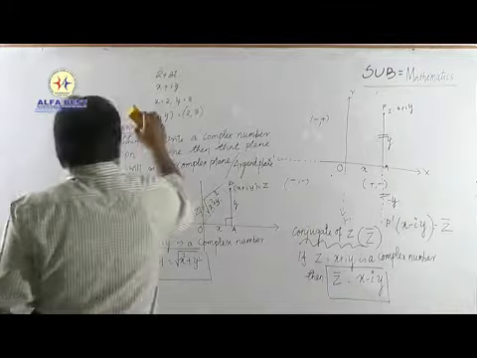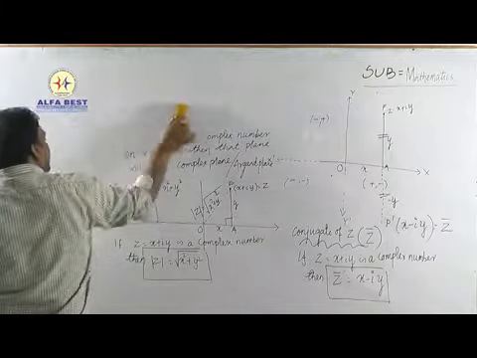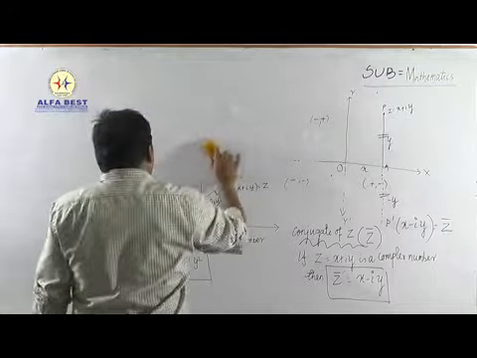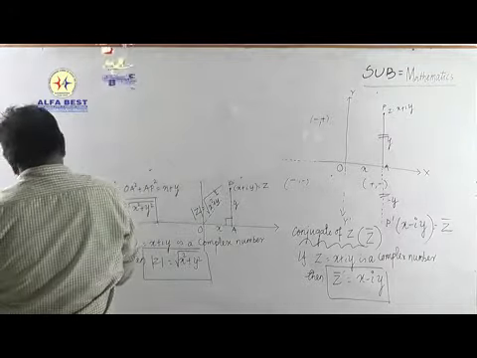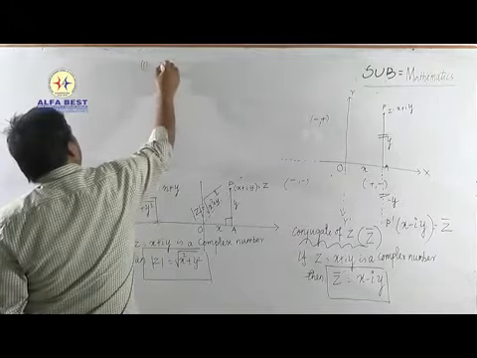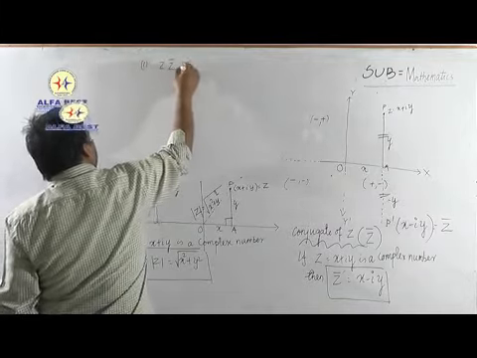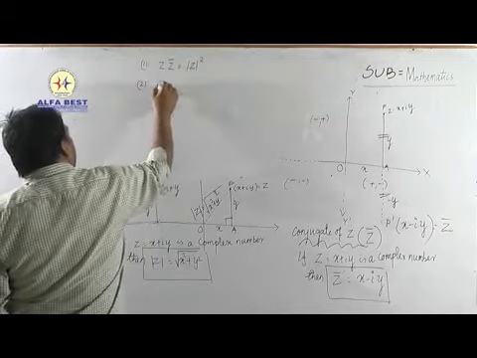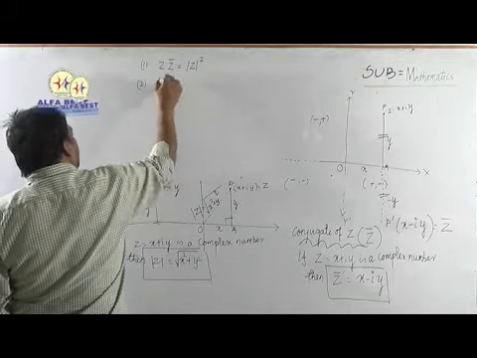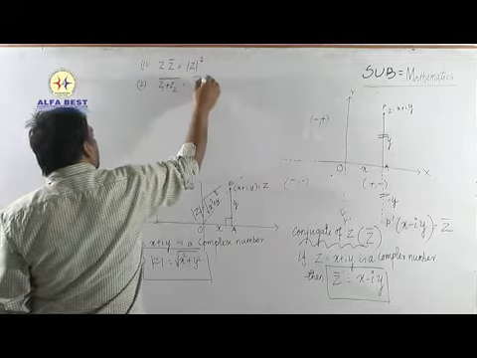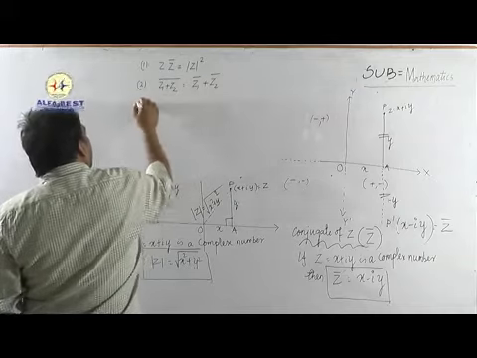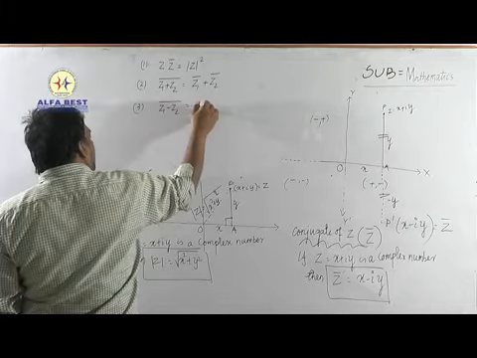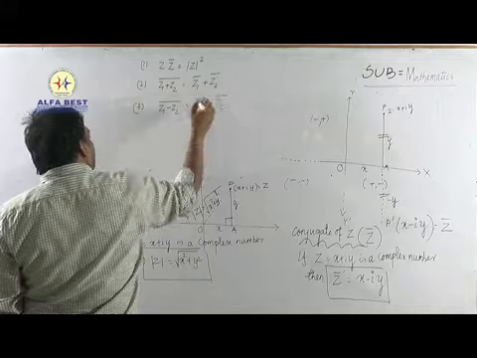Now we will prove some properties of conjugate and the relation between conjugate and modulus. So first one, we have to show z times z conjugate is equal to modulus of z square. Second one, z1 plus z2 whole conjugate is equal to z1 conjugate plus z2 conjugate. z1 minus z2 whole conjugate is equal to z1 conjugate minus z2 conjugate.